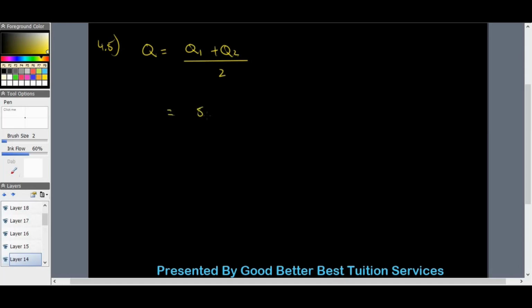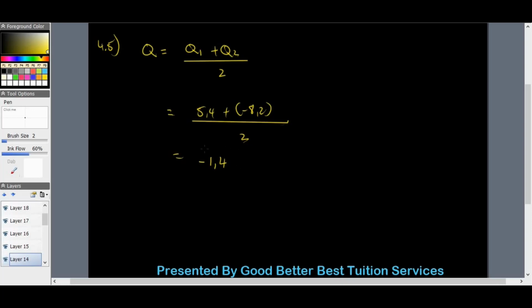So we have 5,4 plus negative 8,2, and we're going to divide that by 2. We just plug that in on our calculator: 5.4 plus negative 8.2, all divided by 2, and we get an answer of minus 1,4.